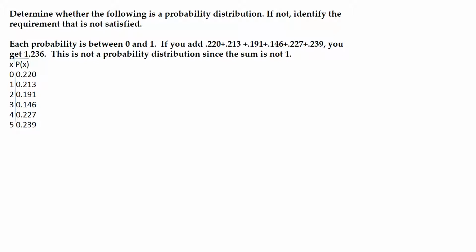Each probability is between 0 and 1. If you add all the probabilities together, 0.220, 0.213, 0.191, 0.146, 0.227, 0.239, you get 1.236. This is not a probability distribution since the sum is not 1.